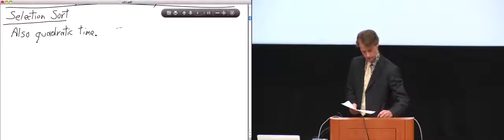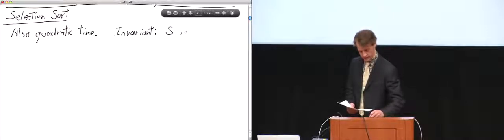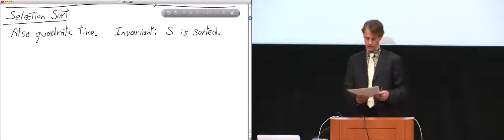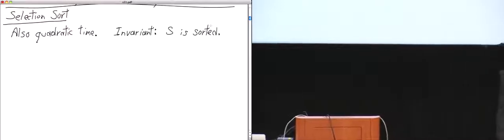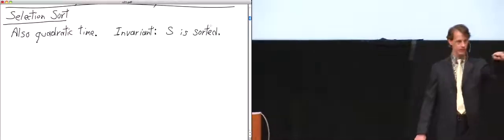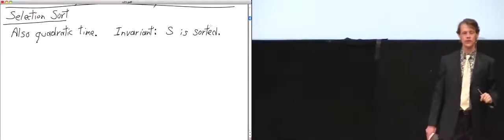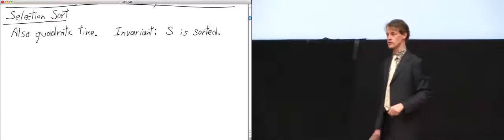We are going to maintain, again, the same invariant that we have a sorted list S, but we're going to structure things differently. Instead of keeping the list S sorted by looking through S and finding the right place to insert a new item, here's what we're going to do.